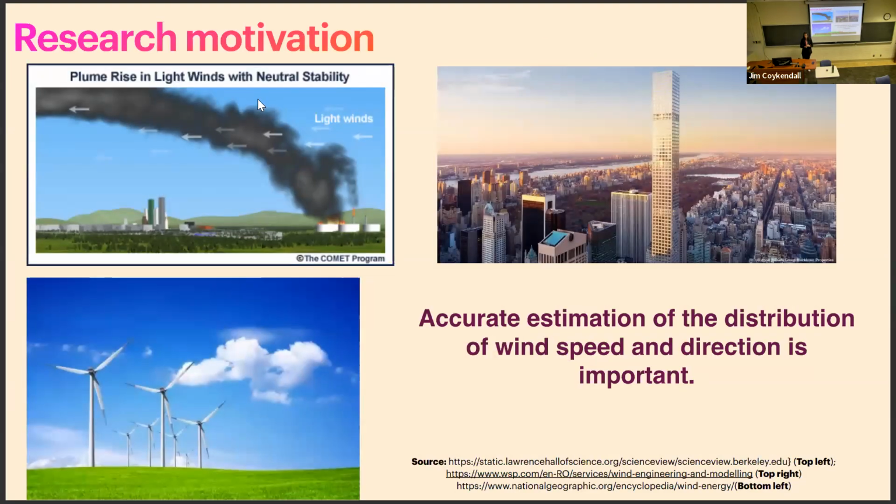Near surface wind speed and wind direction play an important role in numerous fields. I said near surface because what I'm looking at is wind speed measured 10 meters or 20 meters above ground. Fields that use wind speed and wind direction are, for example, pollution modeling, where computer experiments that model the behavior of pollutants in the air use wind speed and wind direction as inputs.